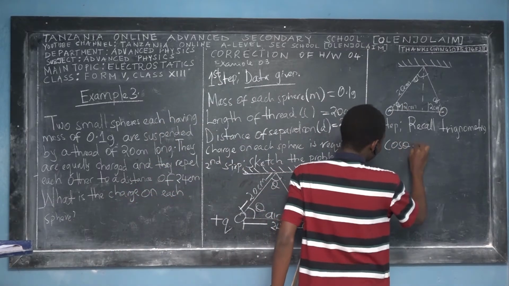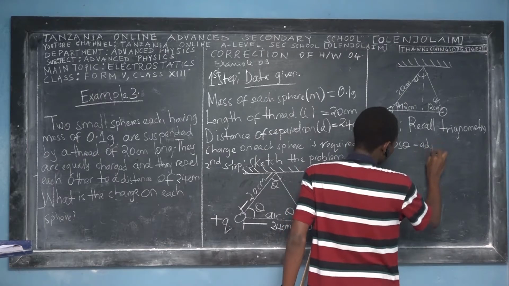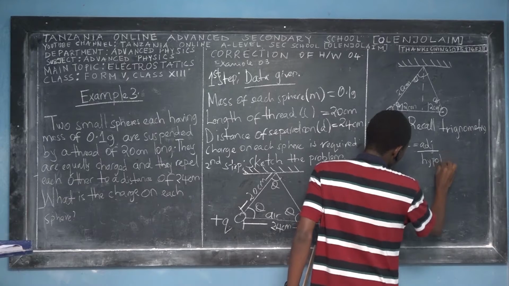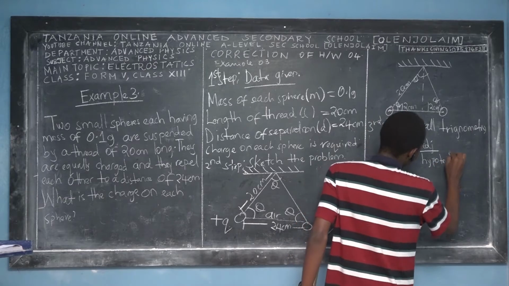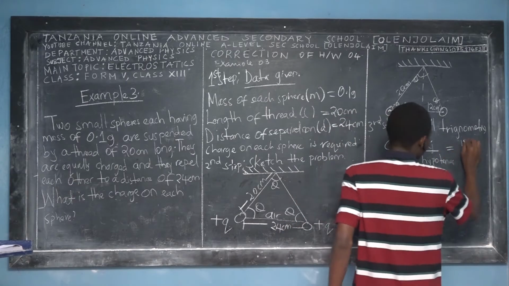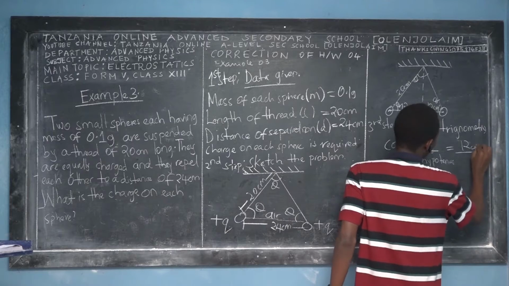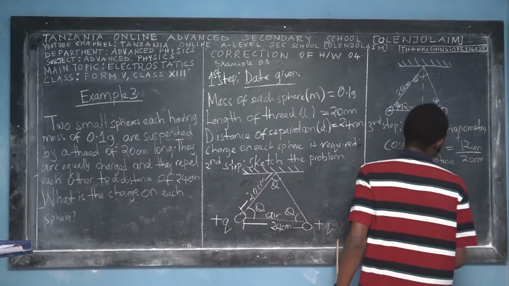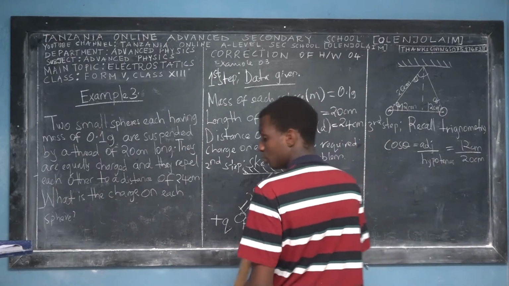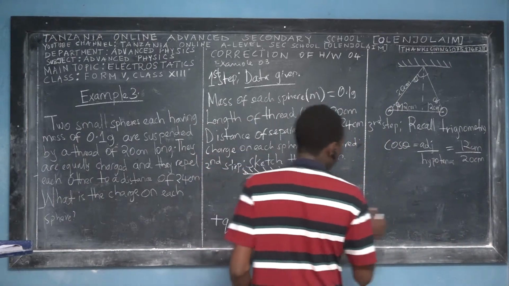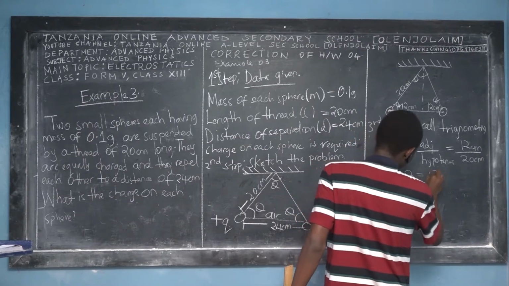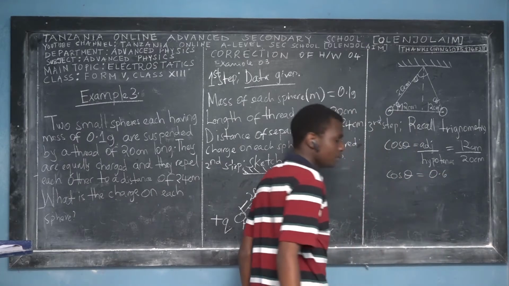Cos theta is equal to adjacent over hypotenuse, which is then equal to 12 centimeter over 20 centimeter. Centimeter and centimeter cancel. 12 divided by 20, so cos theta is equal to 0.6.